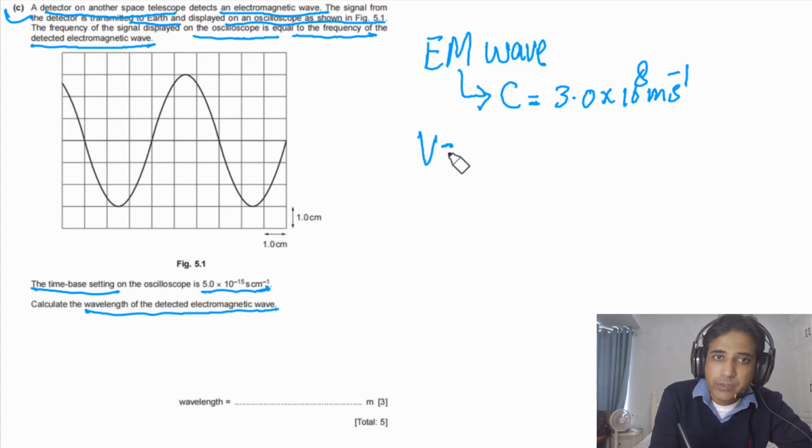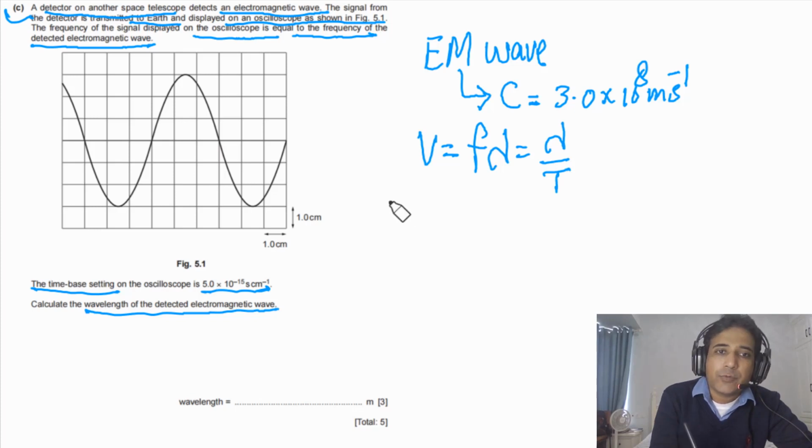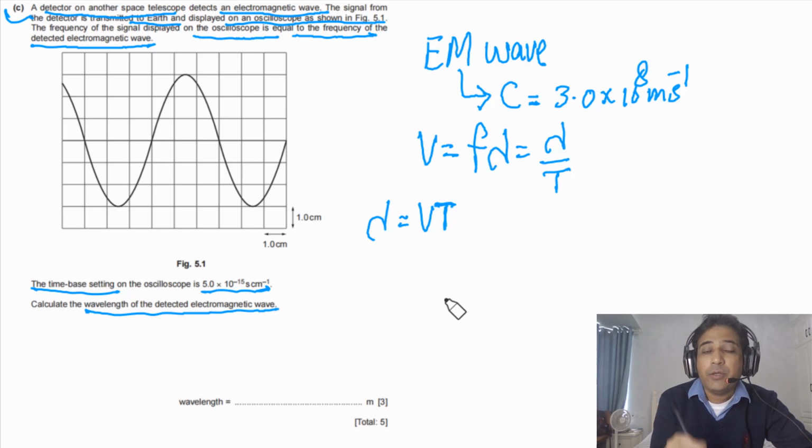So we understand v is equal to f times lambda, or we can say this is lambda over time. So from here we can say lambda will be equal to v times T, where T is the time taken. This time taken is very important now. It has to be the time period because we are talking about one cycle, the distance traveled by the wave in one cycle.